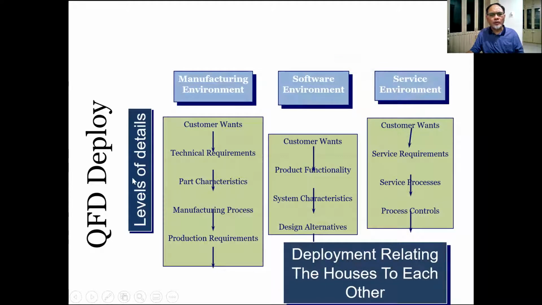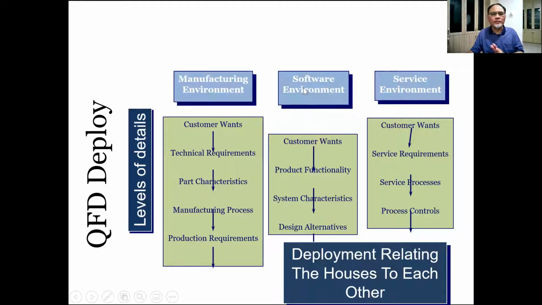Okay, so how do you deploy QFD? The level of details that you go through from one house to another house. For a manufacturing environment, for example, you start from customer wants or customer needs, translate that into technical requirements, determine your part characteristics, determine your manufacturing process, and finally, the production requirements in order for production to be able to meet customer needs at the end of the day.